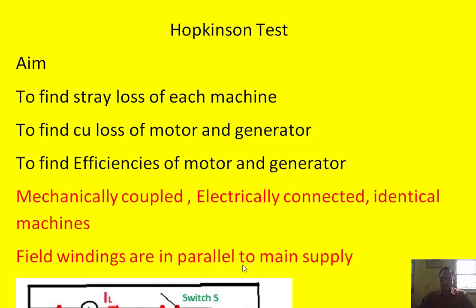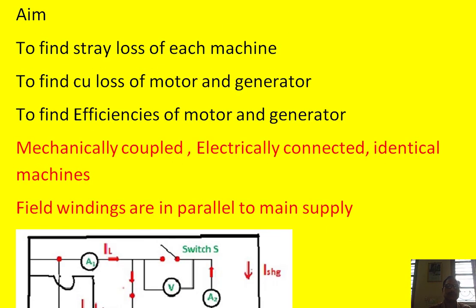There are two machines which are identical in nature and both are DC shunt machines. The speciality of these two machines is they are mechanically coupled and electrically connected, and their field windings are connected in parallel to the main supply.